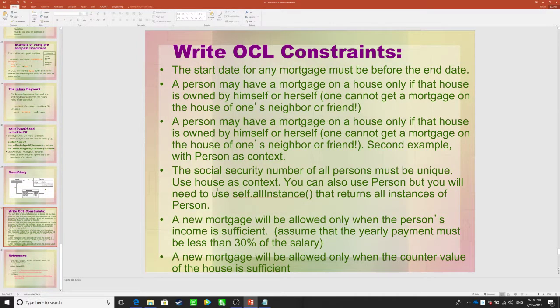Okay, the other one, a new mortgage will be allowed only when the person's income is sufficient. How can we define this sufficient? Let's assume that the yearly payment must be less than 30% of the salary.